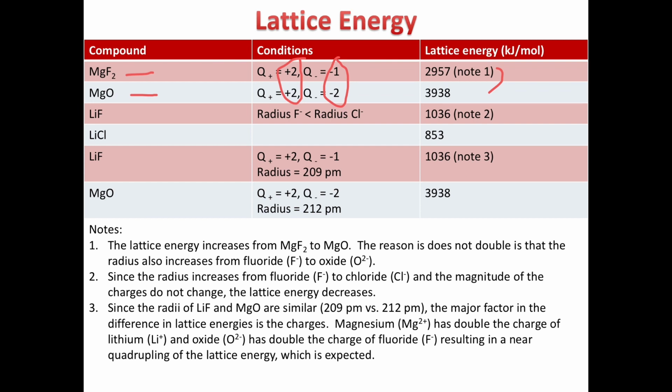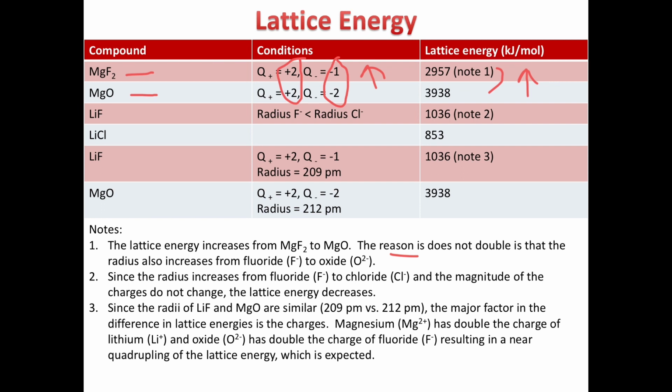As it states in note 1, the lattice energy does not simply double because the radius also increases as fluoride is exchanged for oxygen. So the overall result is that the charges increase. As a result, the lattice energy increases.